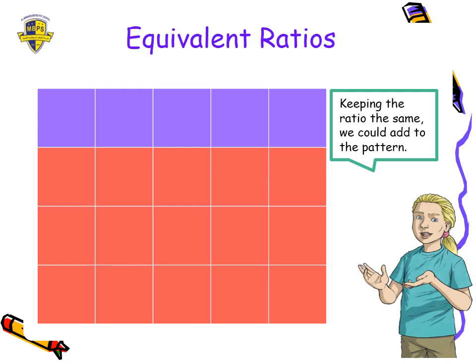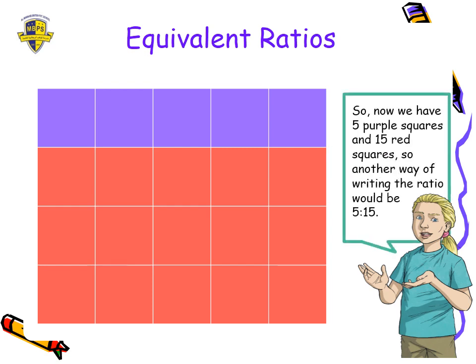Excellent. And how many red? 15. Good. So also now this ratio 5 to 15, it is also equivalent to 4 to 12 or 1 to 3. So if we keep adding in the same pattern or same ratio, this gives me equivalent ratios.